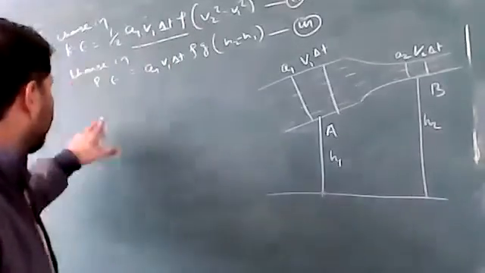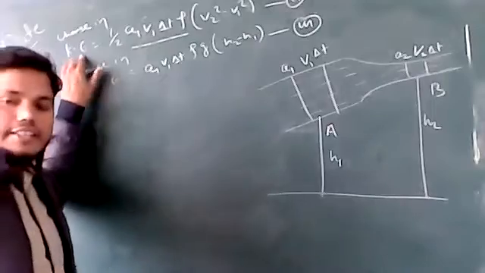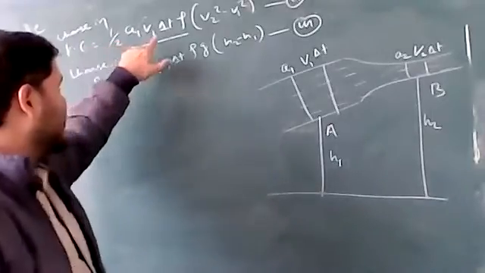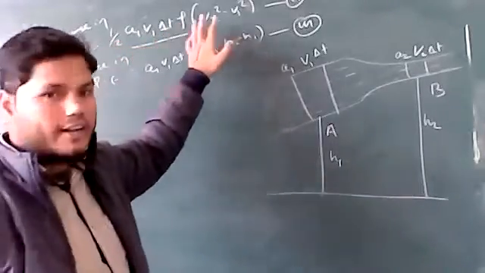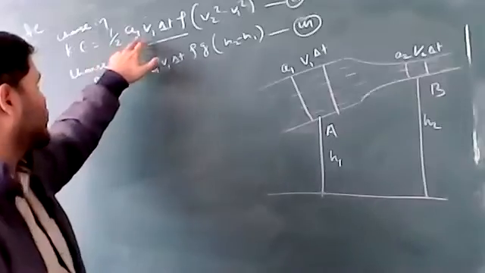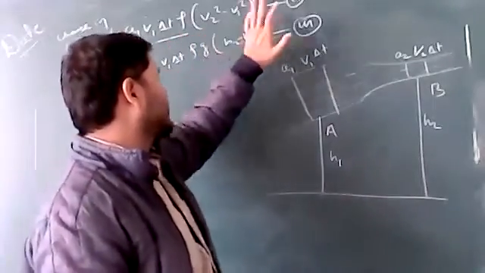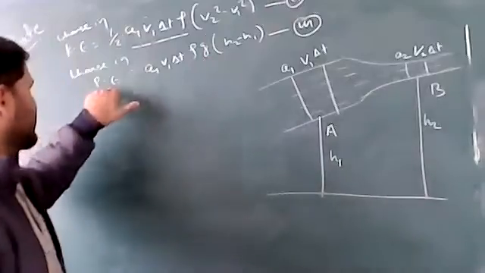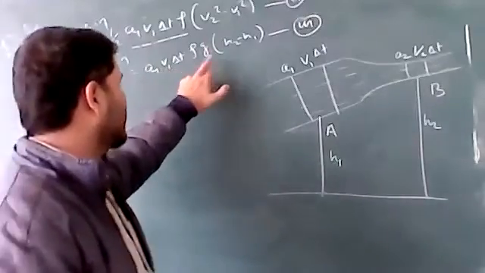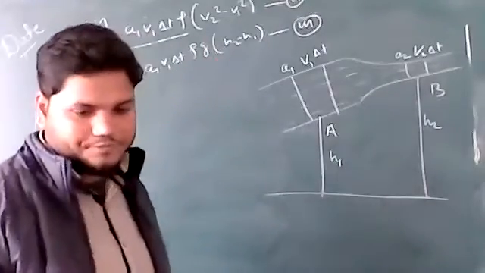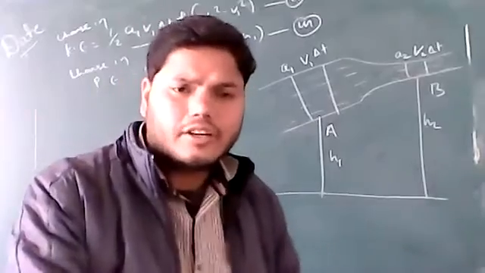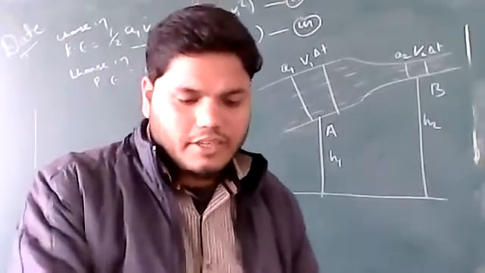Then the change in kinetic energy, kinetic energy at B point minus kinetic energy at A point, we have already made the equation: half into A1 v1 delta t into rho (v2 square minus v1 square). And also the potential energy, A1 v1 delta t into rho into g (h2 minus h1). Up to this, we have found equation number 2 and equation number 3.